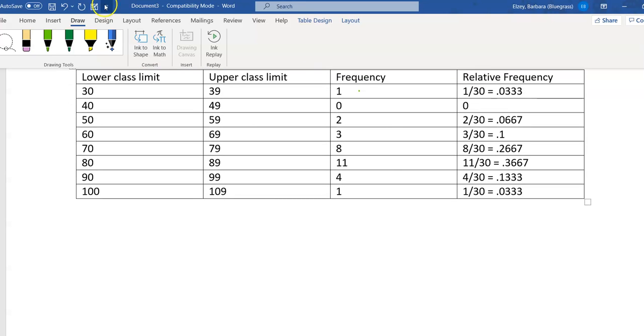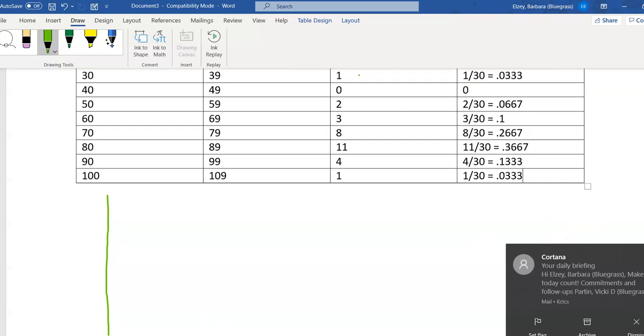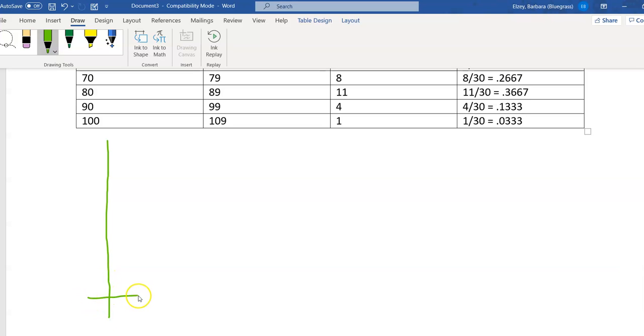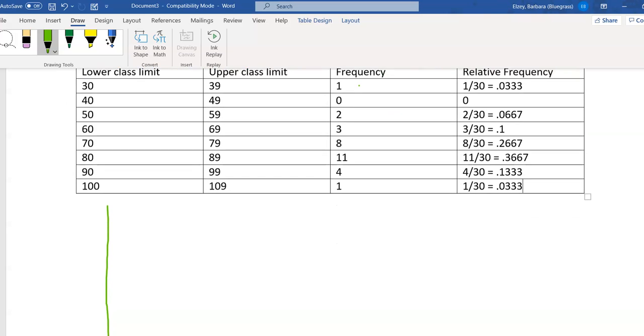Now, to understand that better, though, let's begin to draw a graph. I'm going to make an X and a Y axis. But when we look at a histogram, it's only going to be the first quadrant of an X and a Y axis. On the X axis, we are going to put our class midpoints.